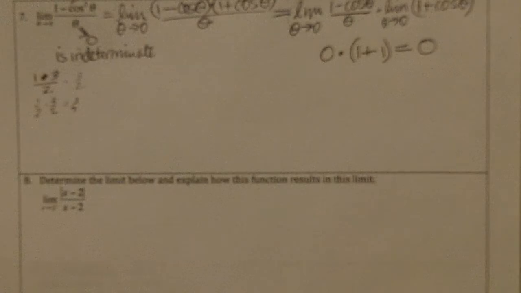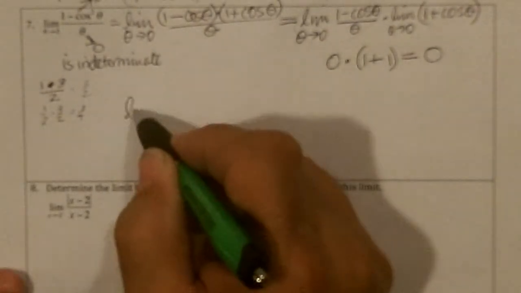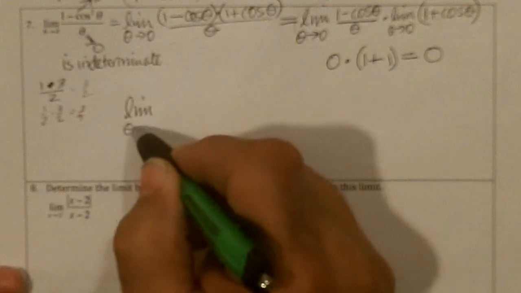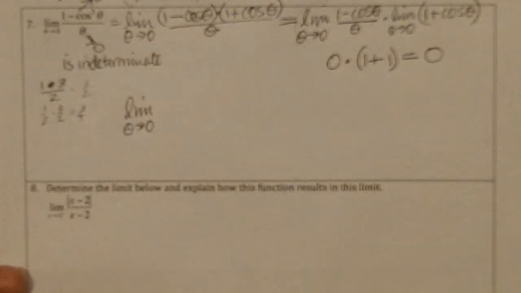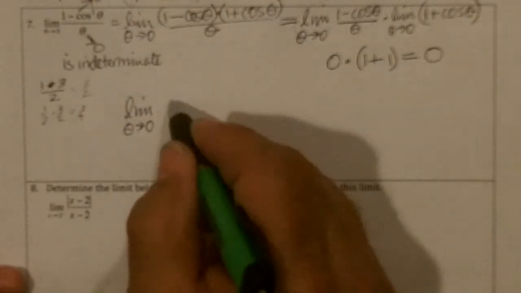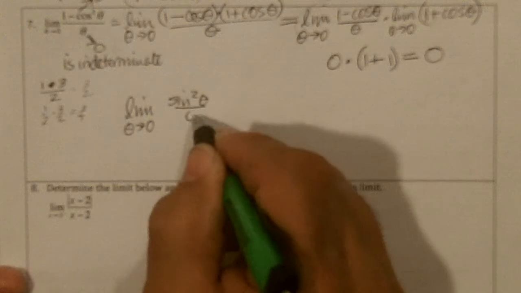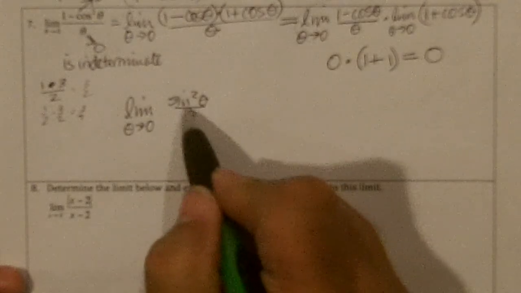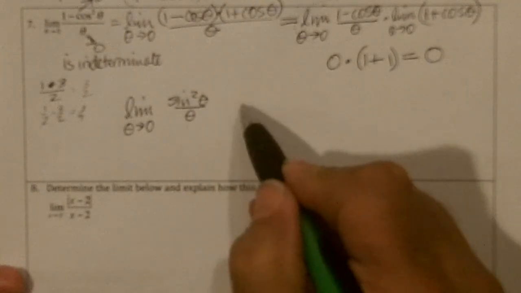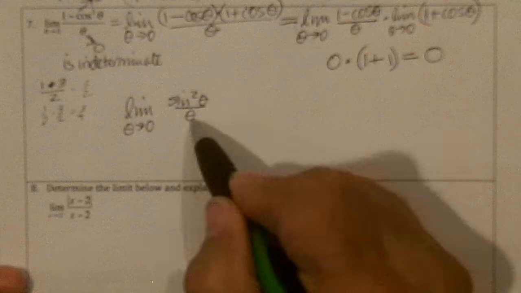Now the other way that this was commonly done was to say the limit as theta approaches 0 of 1 minus cosine squared. Many of you remembered that that was sine squared theta. But then many of you who did this said, okay, this is going to be sine theta over theta times sine theta over theta. Well, there's only one theta. There's not two thetas.